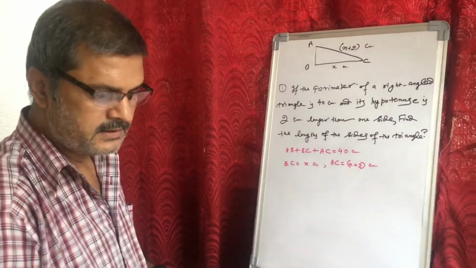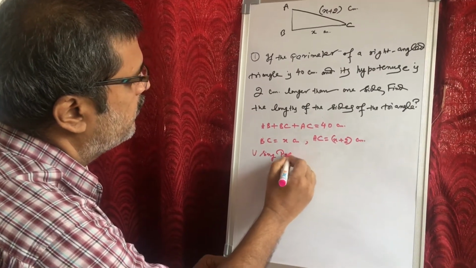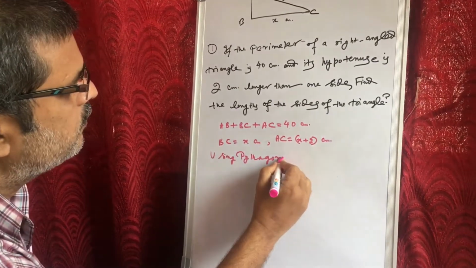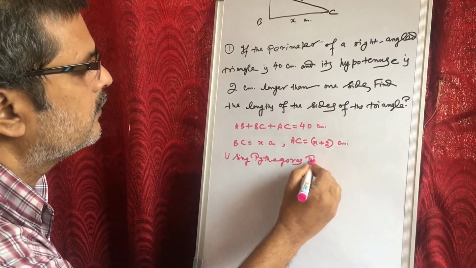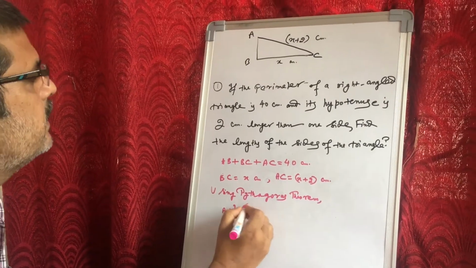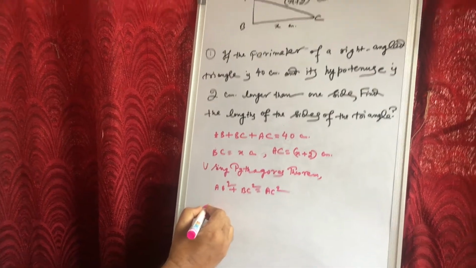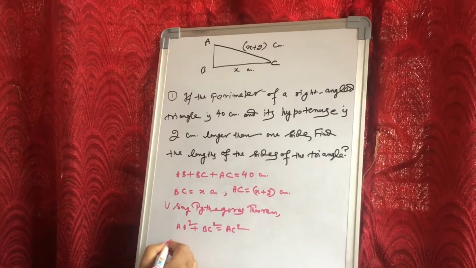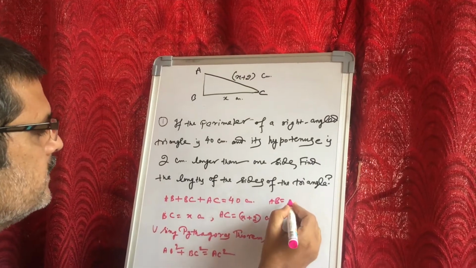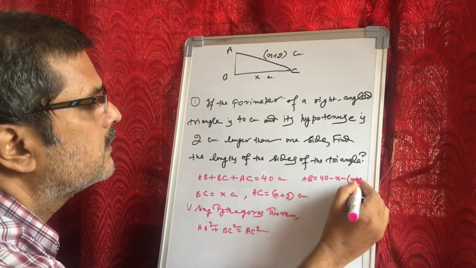Now see that using Pythagoras theorem, AB square plus BC square is equal to AC square. Now AB is equal to 40 minus x plus 2.